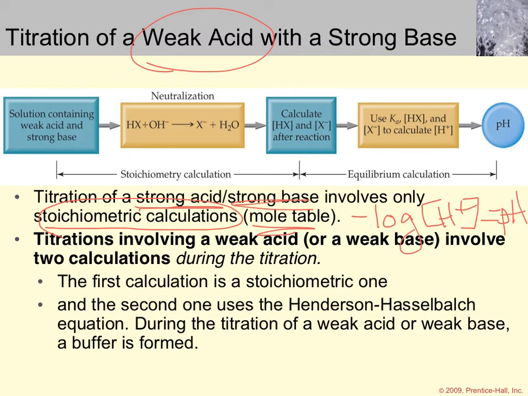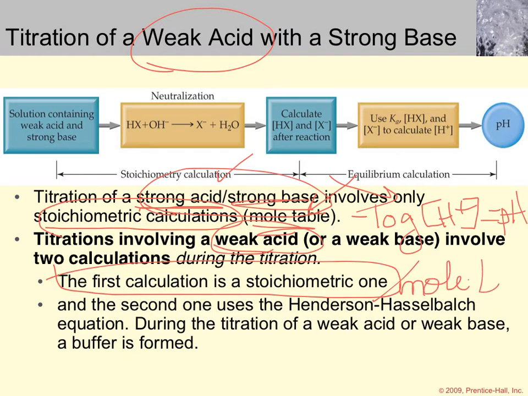So you always want to ask yourself, if you have a quiz or a test, before you start doing crazy calculations, is it a strong acid and strong base or is one of them weak? If they're both strong, just go straight to a mole table and minus log and you're done. If, however, you see that one of the things being titrated is weak, then it gets more complicated, of course. The first calculation you do will still be stoichiometry with a mole table.